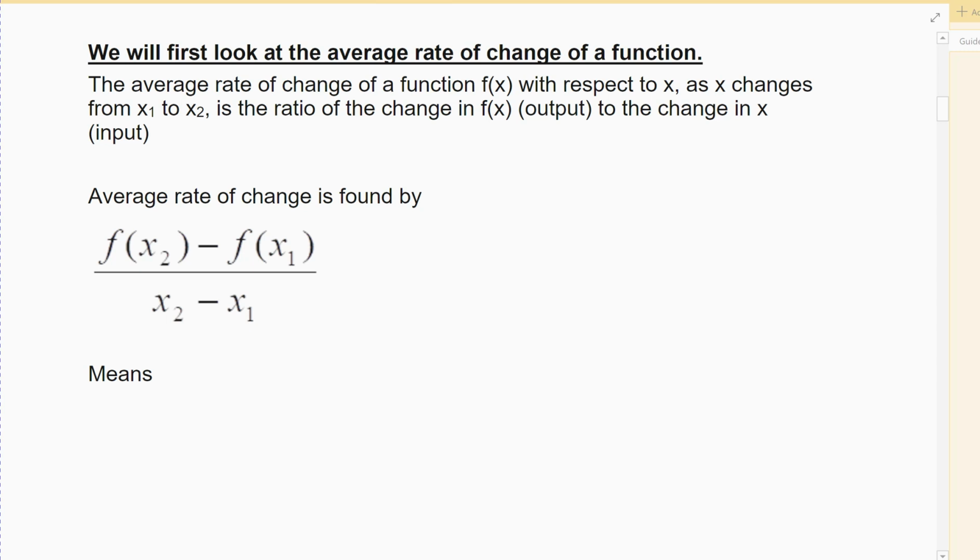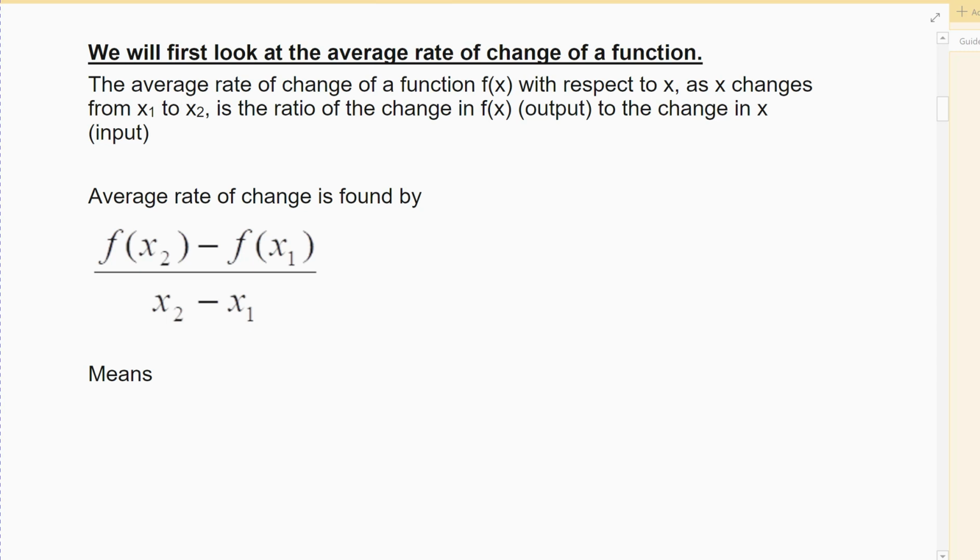All right, average rate of change of the function. The average rate of change of the function with respect to x is when x changes from one point to another point. So average rate of change always has at least 2 points. I'm going from point A to point B, or point 1 to point 2. It's the ratio of the change in my function from point 1 to point 2 divided by the change in the x value from point 1 to point 2.